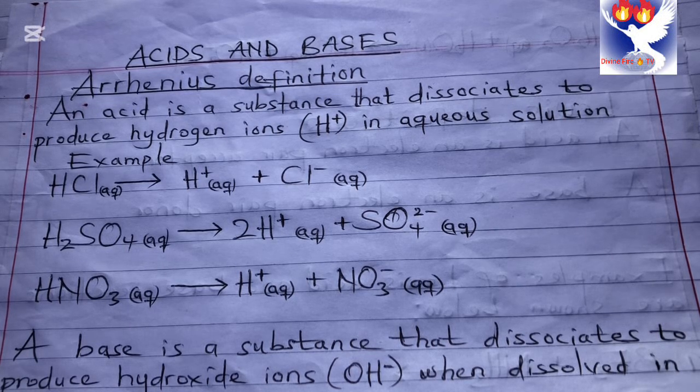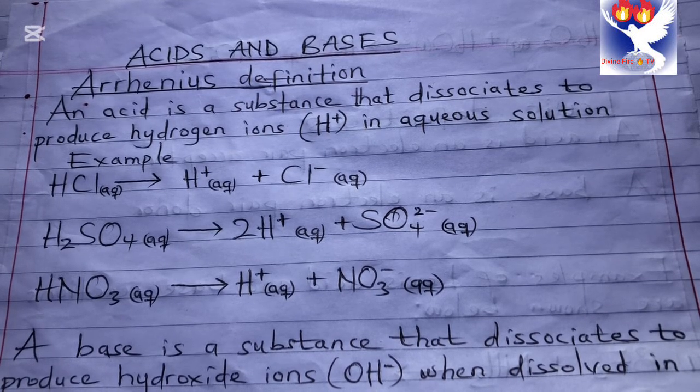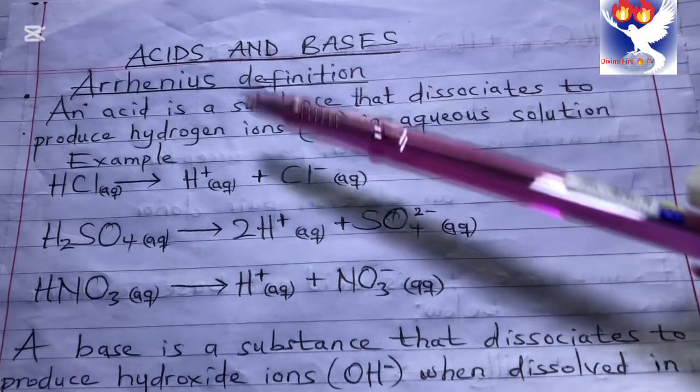An Arrhenius acid is a substance that, when dissolved in water, dissociates to produce hydrogen ion as the only positively charged ion. That is Arrhenius.